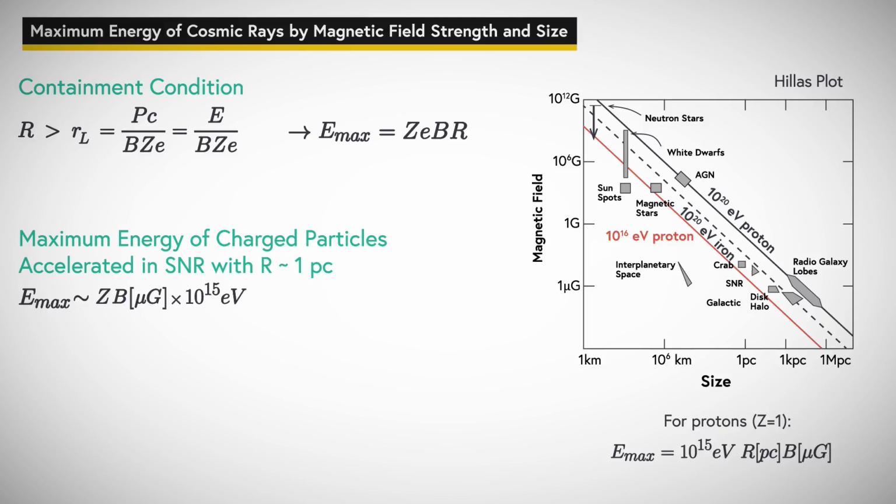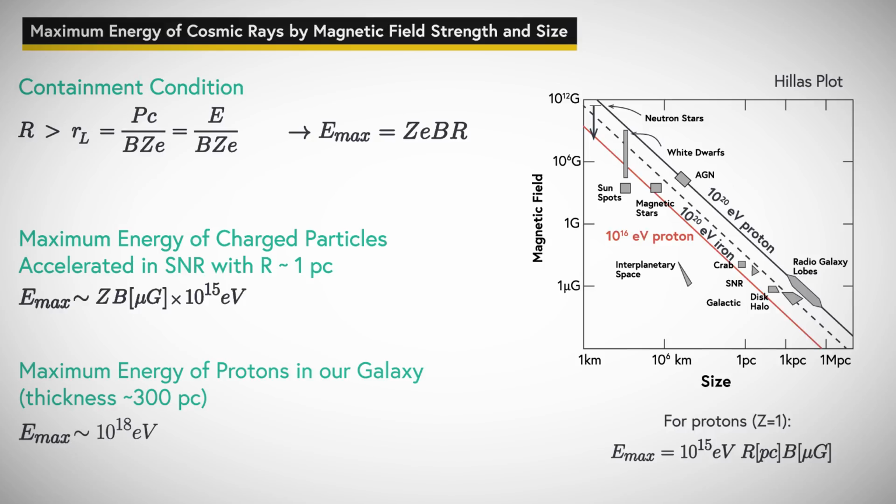Moreover, from this relationship, we can understand up to which energy cosmic rays can stay in our galaxy. Since the thickness of our galaxy is about 300 parsecs, and the average strength of the galactic magnetic field is about 3 microgauss, we obtain E_max approximately 10 to the 18 electron volt for protons.